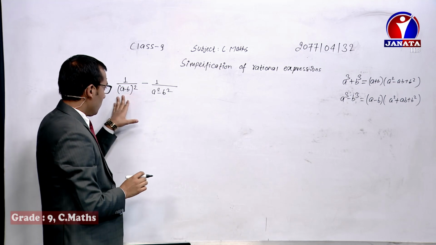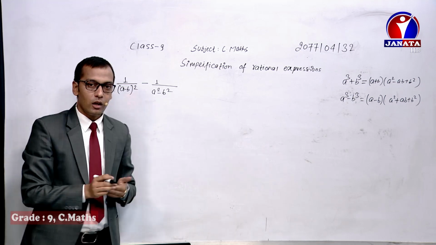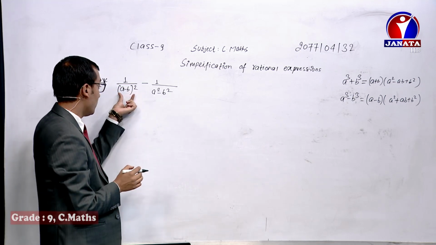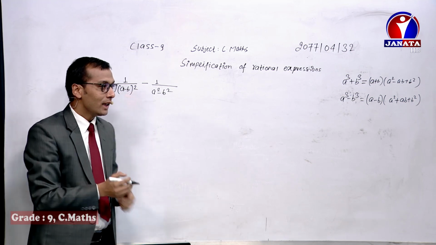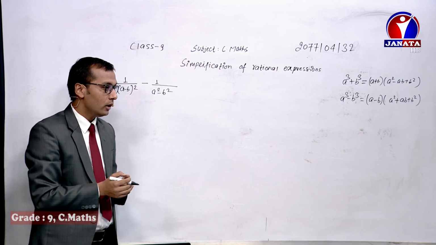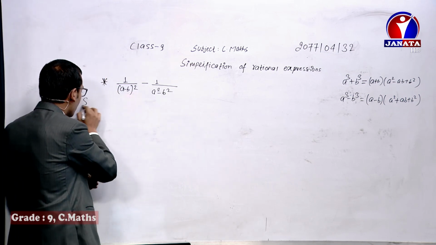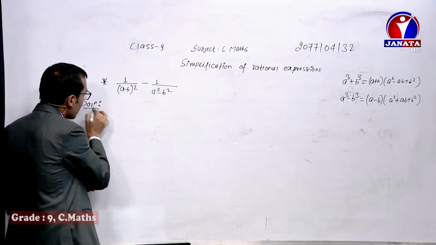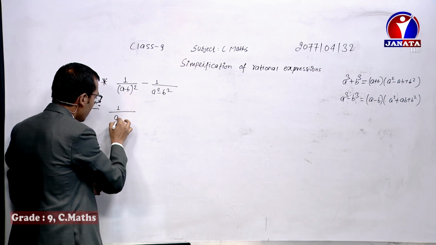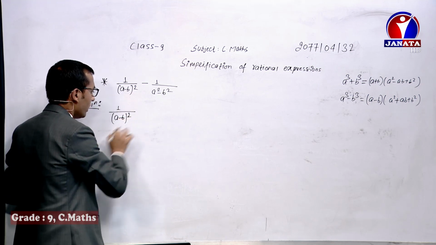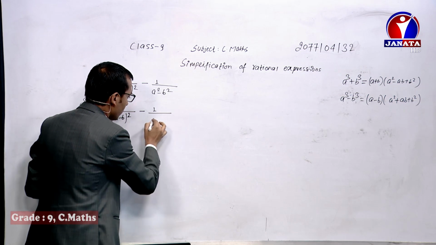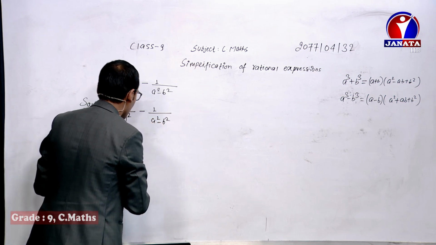Let's see, in the first term we have the denominator a minus b whole square, and in the second term we have the denominator a square minus b square. 1 over a minus b whole square minus 1 over a square minus b square.